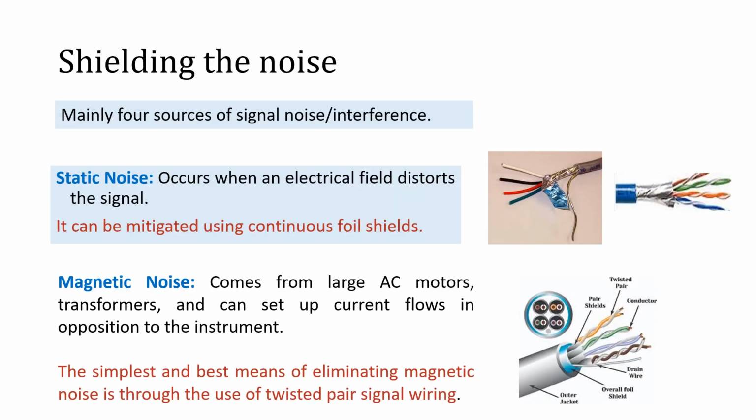Now coming to the last topic, that is shielding the noise. You must have come across wires that have been shielded with some kind of aluminum foil. Let's see, not exactly whether it is aluminum or some kind of alloy used to reduce the cost, but what that foil actually is.